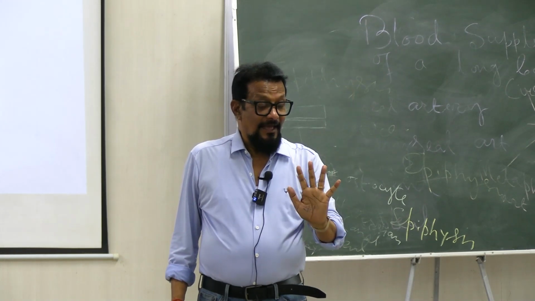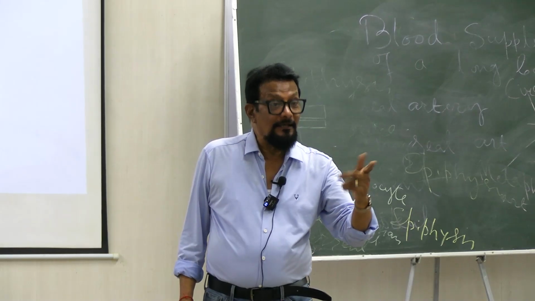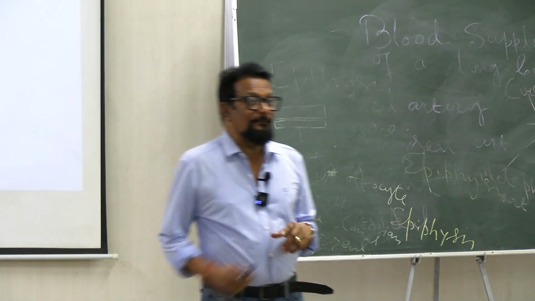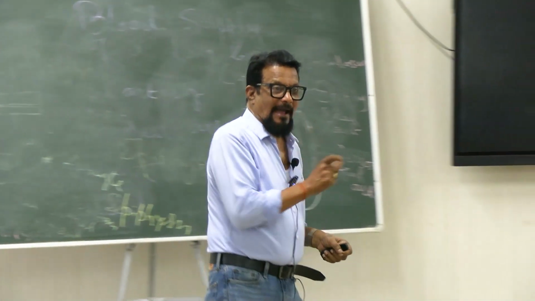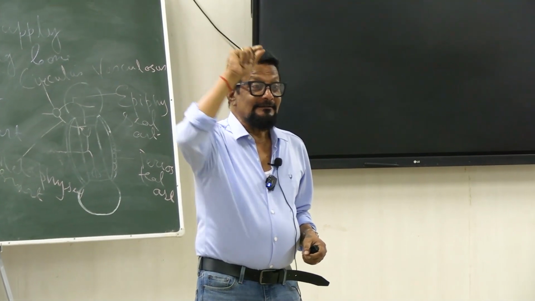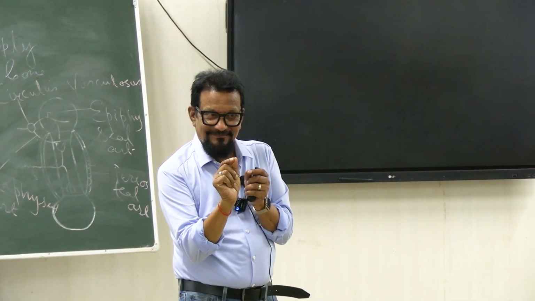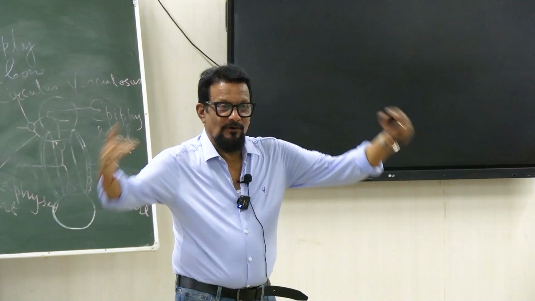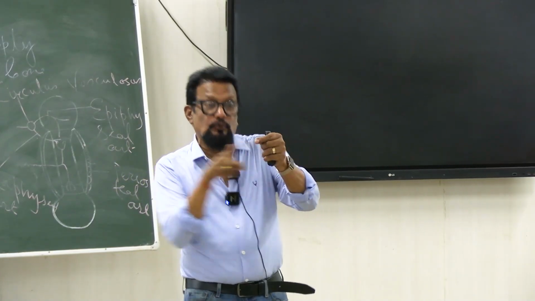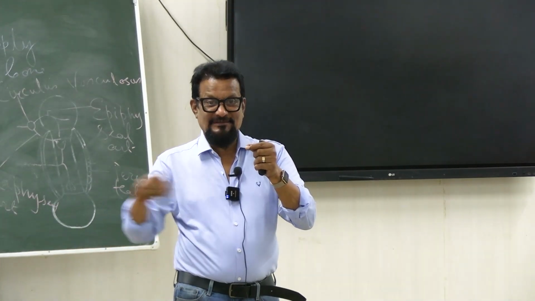And another part, the non-protein part, heme. And heme is made up of 4 pyrrole rings. These pyrrole rings are attached to iron, forming heme. Now the iron is linked to one of the chains.